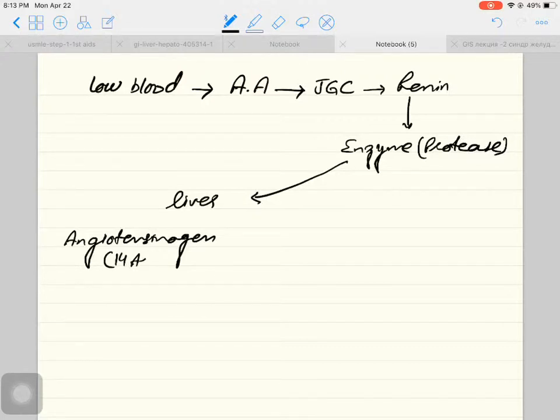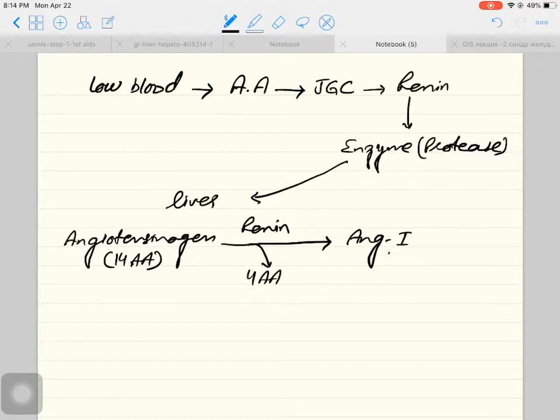Angiotensinogen contains 14 amino acids, and it converts into angiotensin 1. After the action of renin, that is the protease, releasing 4 amino acids, it converts into the 10 amino acid molecule angiotensin 1. Angiotensin 1 converts into angiotensin 2 in the lungs.